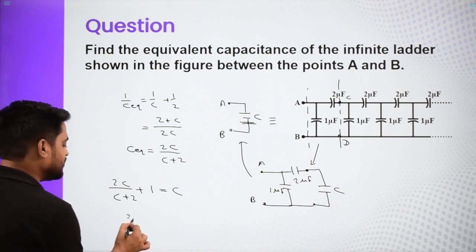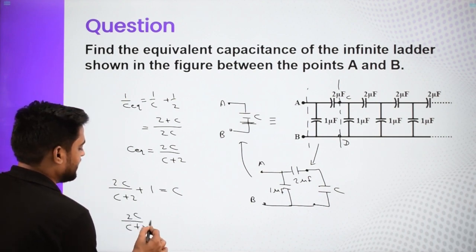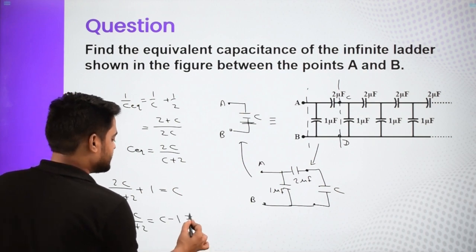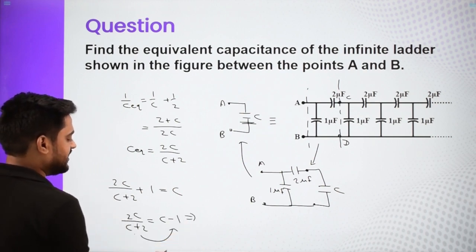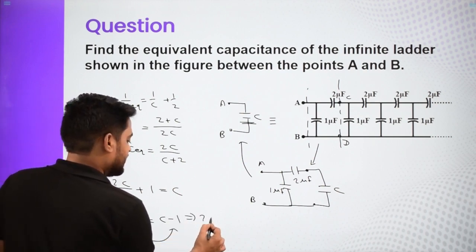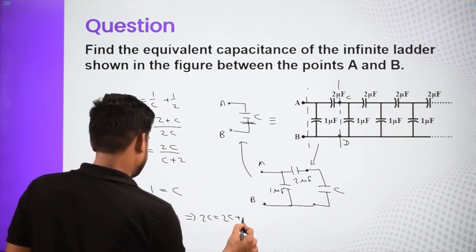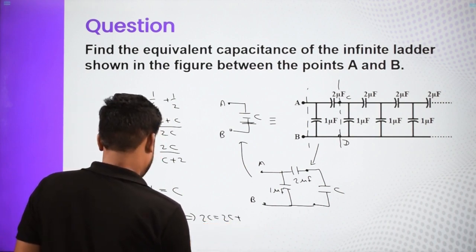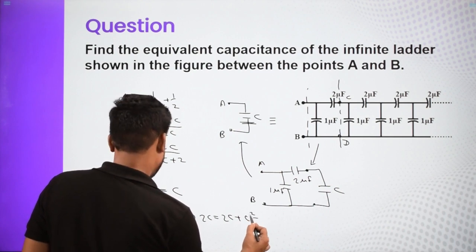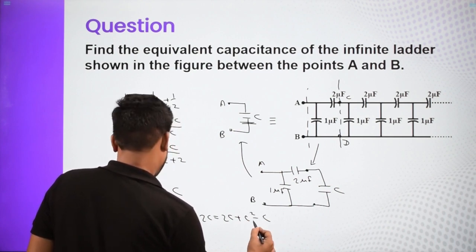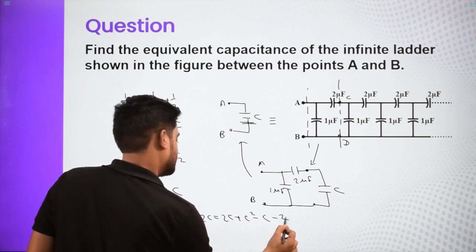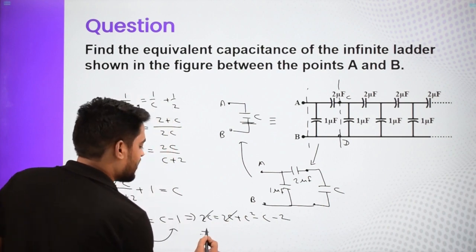So this is nothing but 2C upon C plus 2 equals C minus 1. When you solve it, you just cross multiply over here. So you get 2C is equal to 2C plus C square minus C minus 2. So this is gone, and this is a quadratic which we are getting.